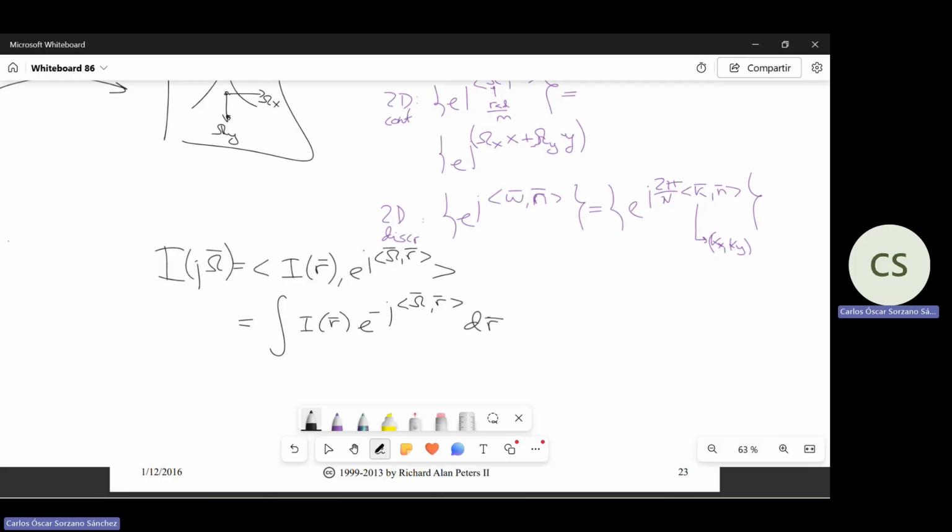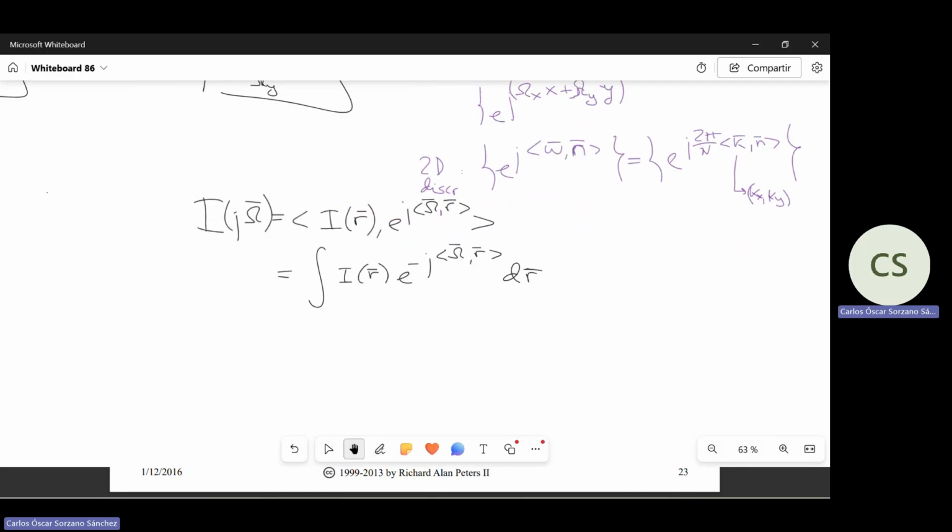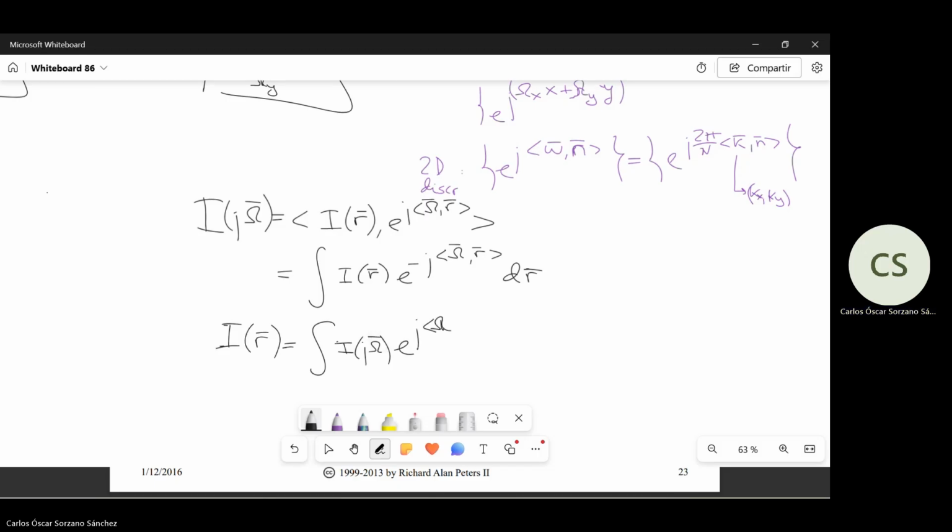How do I reconstruct? To reconstruct, I simply have to collect all these coefficients and say my image in real space will be my integral, but now over all frequencies, of my Fourier coefficients times my basis, differential of frequencies.